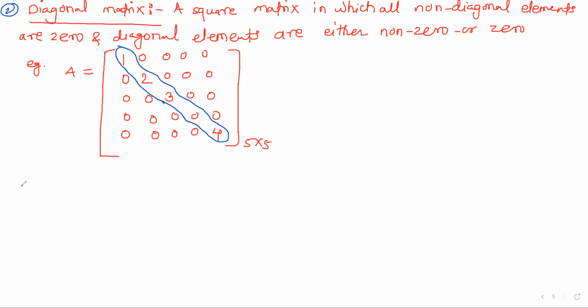Next concept is the third one, scalar matrix. What do you mean by scalar matrix? Now I will tell you the shortcut. It is a diagonal matrix in which all diagonal elements are equal.